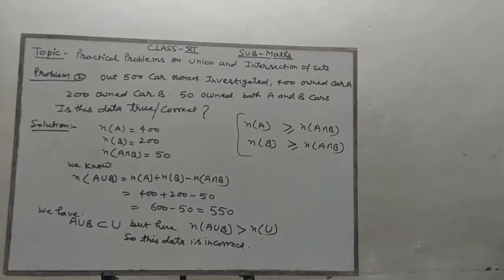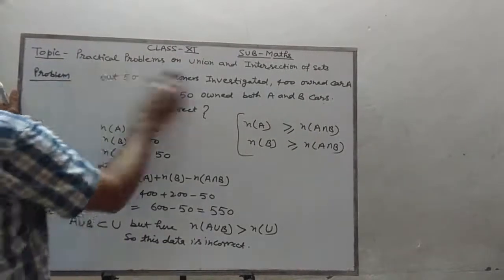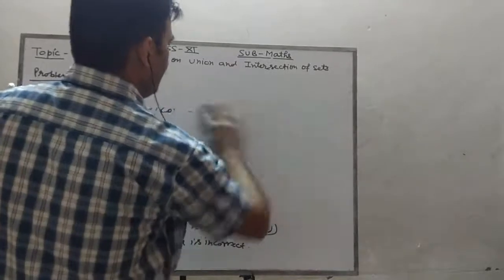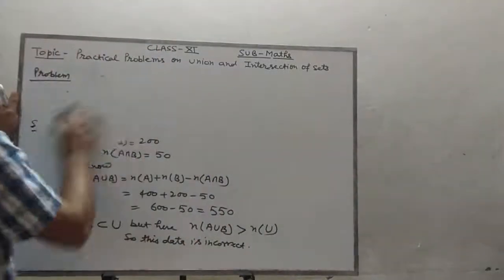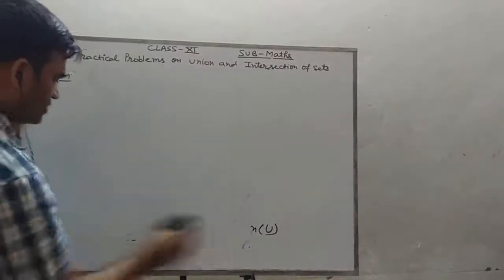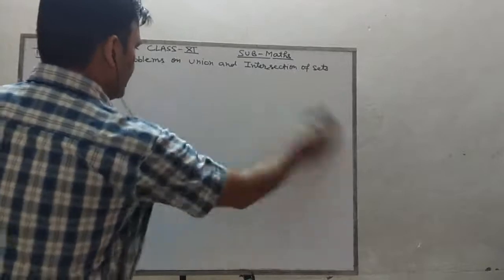Now let us take one more problem that will tell us about three sets. Very important problems related to three sets. And these problems are in our miscellaneous exercise, NCERT. Chapter 1 miscellaneous exercise. Last two problems are for three sets, practical problems.